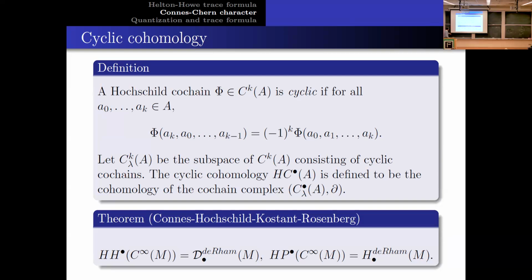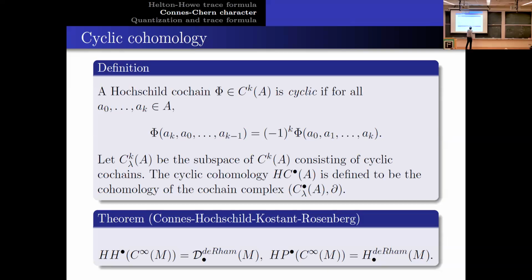So you can see the Hochschild cohomology where M is a smooth manifold, and the algebra C infinity means the algebra of smooth functions on a smooth manifold. Then we compute the Hochschild cohomology. It's basically the de Rham currents, which are a kind of dual of the differential forms.